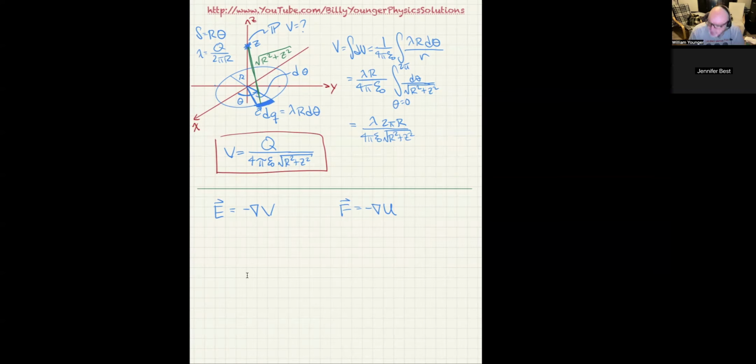Now, what is this upside down triangle that you see? That's called the gradient. Okay, so del equals the gradient. That's another thing that we've been introduced to as a result of vector calculus. For instance, you've probably heard of pressure gradients. You've probably heard your meteorologist, weatherman, or whatever talking about pressure gradients and stuff like that.